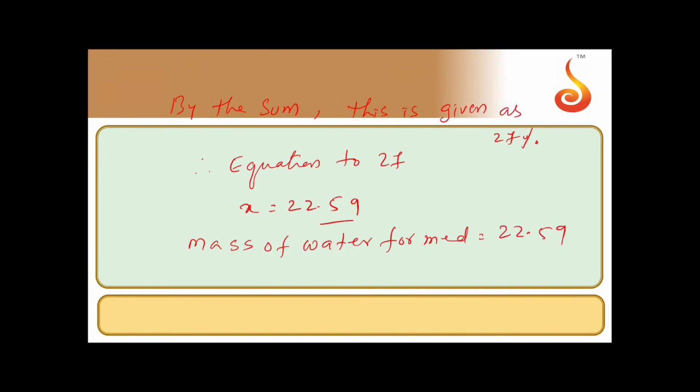Water formed is 22.59 grams. Now, the moles of water formed is equal to 22.59 by 18, which is equivalent to 1.225.